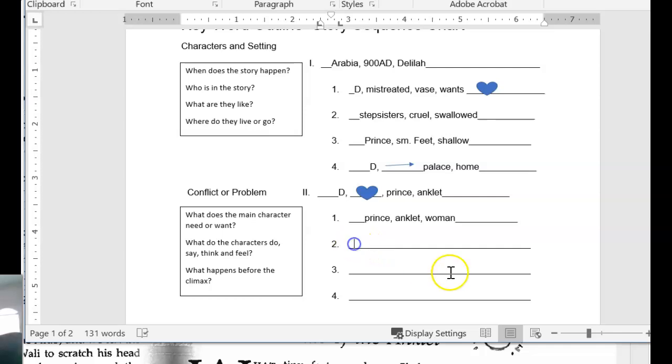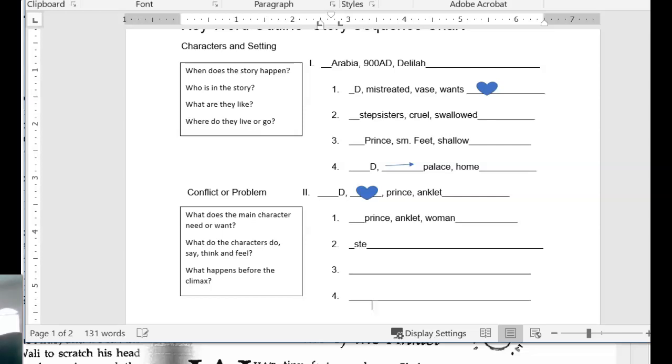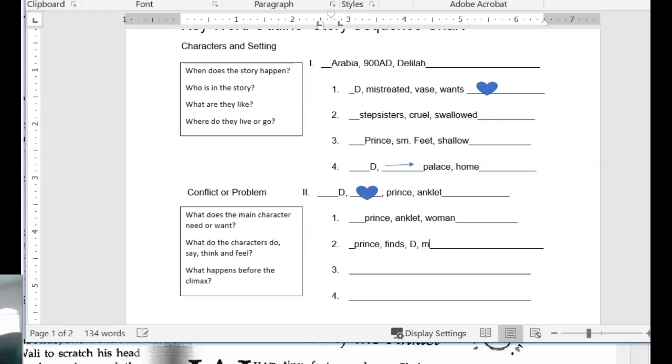And then what happens? Then what happens is her stepsisters, right? He finds her. Prince finds D. Let's say engaged, right? Then they decide they're getting married.